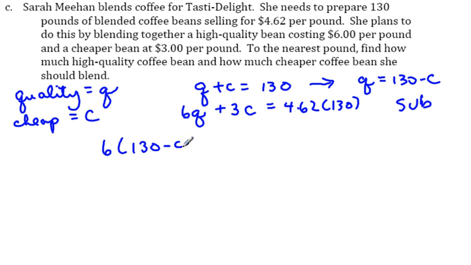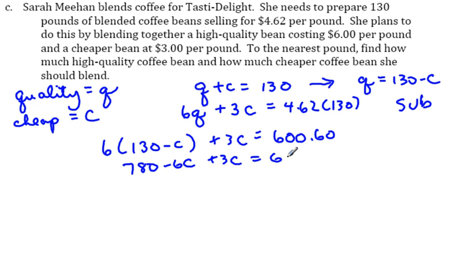Okay, so I've got Q equals 130 minus C, so that's going to give me 6 times (130 minus C), that's what we said Q was, plus 3C equals, and when I multiply that out, I get $600.60. Now remember it told us to round to the nearest pound, but I don't want to round here. I want to round when I get down to pounds. So 6 times 130 is 780, minus 6C plus 3C equals $600.60.